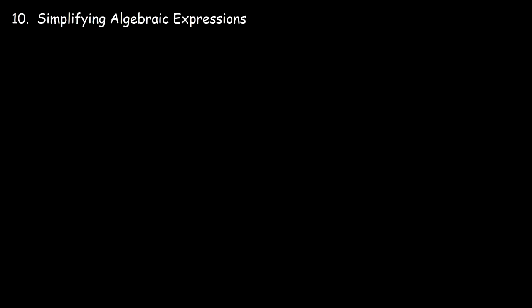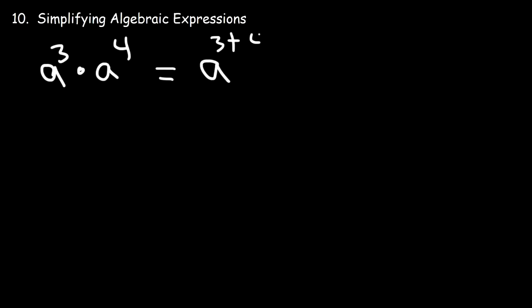Now the last topic that we need to review is simplifying algebraic expressions. So let's start with the basics. What is a to the third multiplied by a to the fourth? When you multiply variables together, you need to add the exponents. 3 plus 4 is 7, so you get a to the 7.